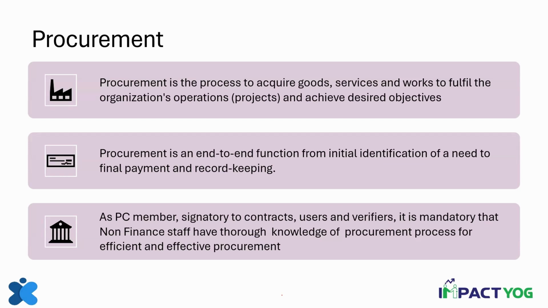These are all your roles in the procurement process. You will find yourself as the person requiring a particular good, as a decision maker in procuring that good, as signing off the contract for the vendor, as receiving and verifying whether the goods are as per contract, and finally as using the goods.